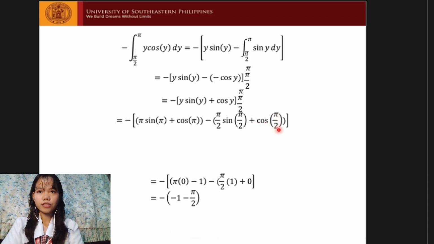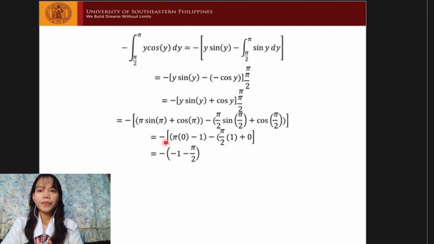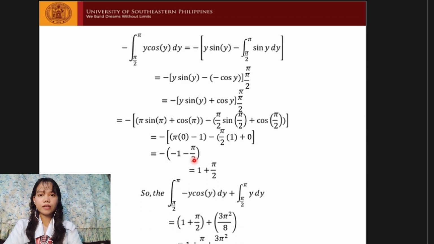So, what we have right now is the negative of pi multiplied by 0 minus 1 minus the quantity of pi over 2 multiplied by 1 plus 0, which equals the negative of the quantity negative 1 minus pi over 2. So we will distribute the negative sign. So what we have right now is 1 plus pi over 2.